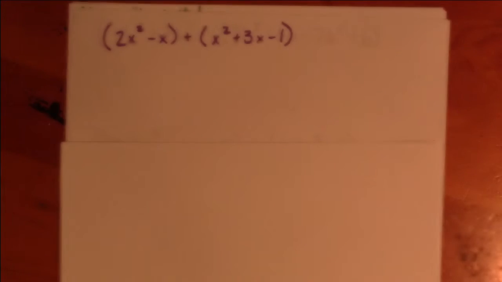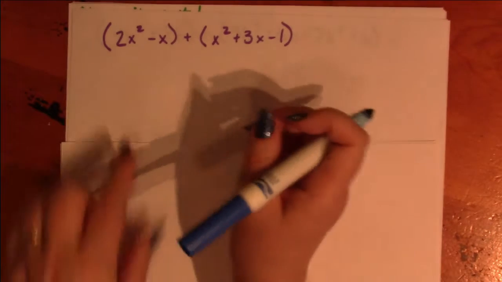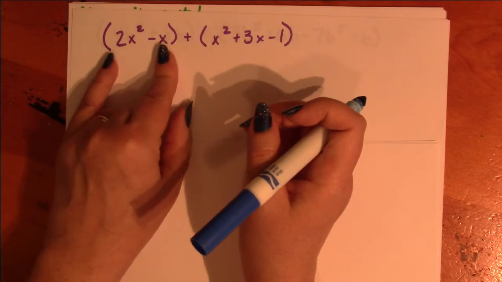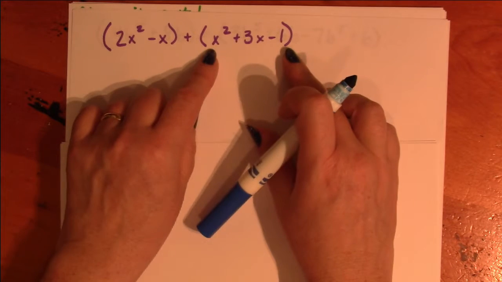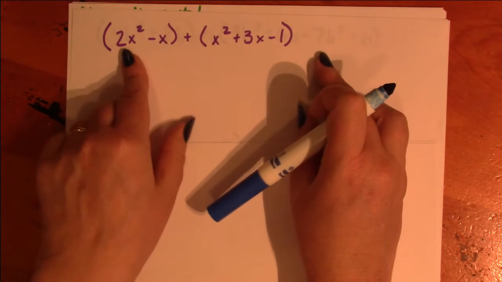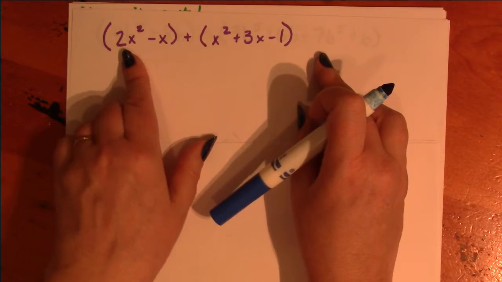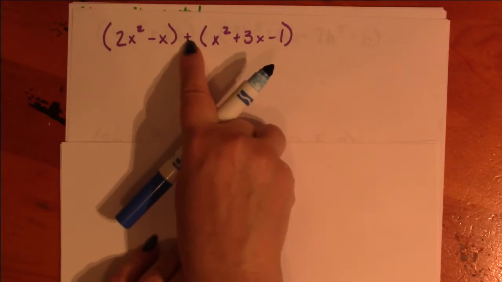The next thing we're going to do is add and subtract polynomials. So here we're taking 2x squared minus x, and we're adding it to x squared plus 3x minus 1. Now, this looks big and complicated, but we're doing the same thing. We are identifying like terms, and we're adding them together.